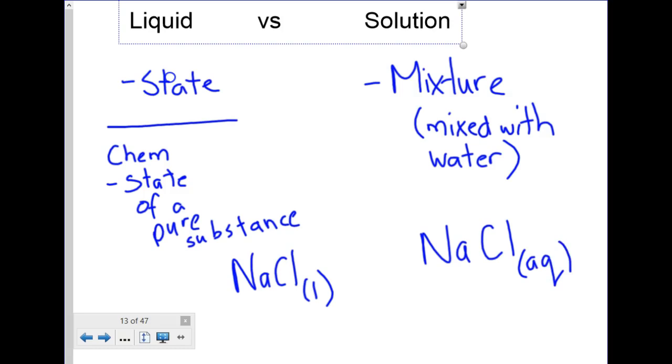Those letters indicate something about that compound. But do you know the difference between NaCl with an L behind it and NaCl with an AQ behind it?